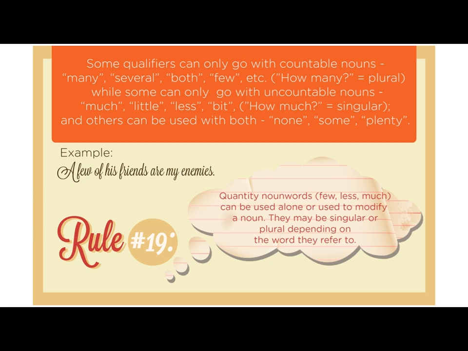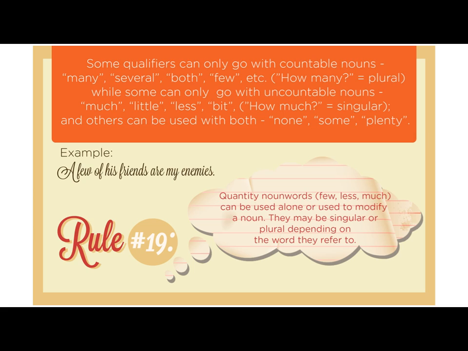Next rule. Quantity noun words, few, less, much, more, most, many, can be used alone or used to modify a noun. They may be singular or plural depending on the word they refer to.